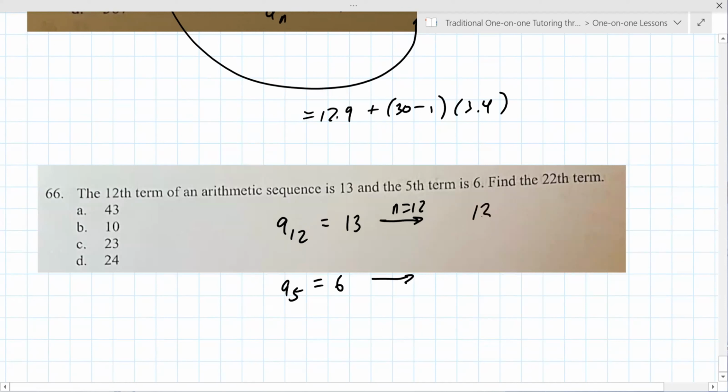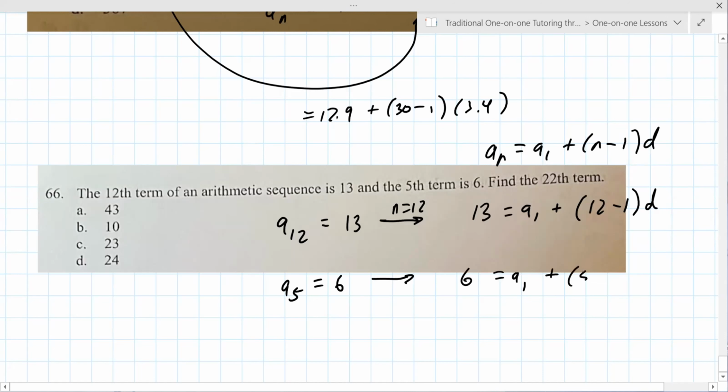So it's 13 equals a1 plus, instead of n, it's 12 minus 1 times d. And I'm using this an equals a1 plus n minus 1 times d. So the second equation is 6 equals a1 plus 5 minus 1 times d.